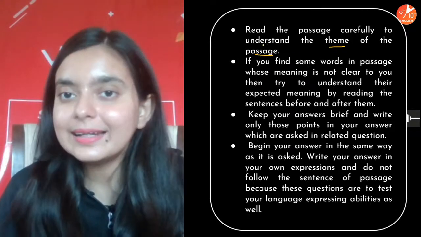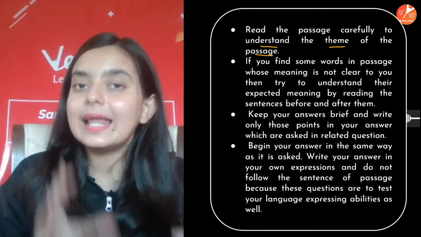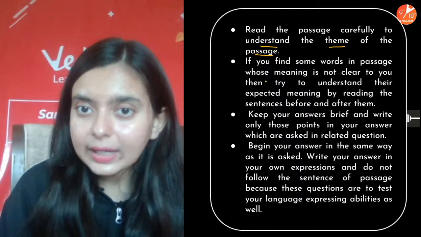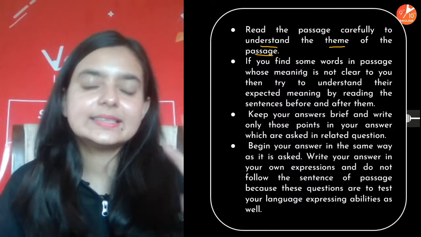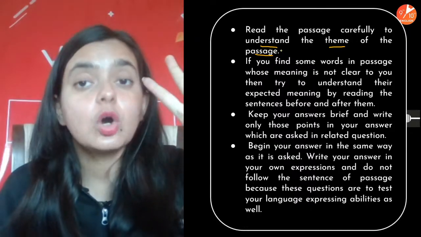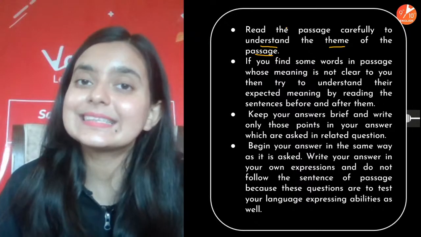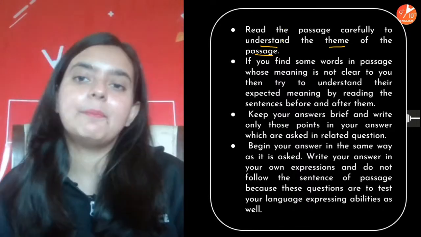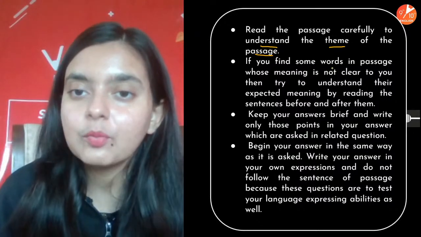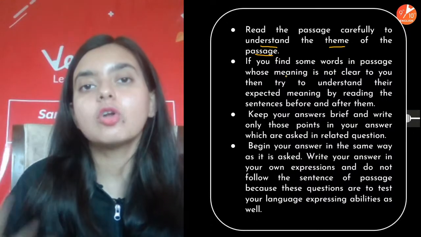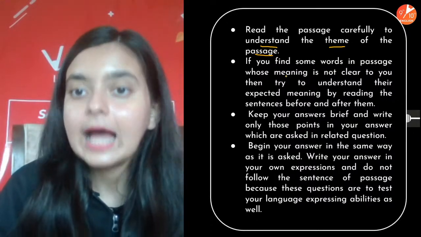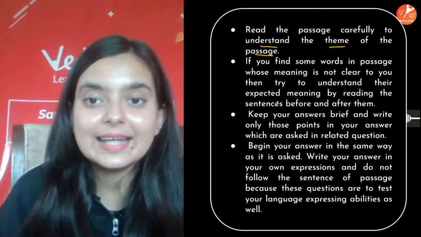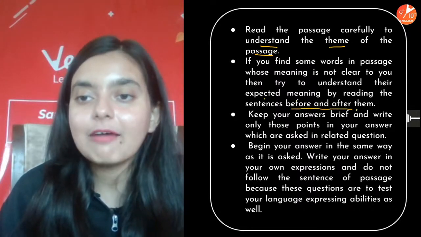If you do not understand what the author is trying to tell you, you will not be able to frame your answers. Now next, reading comprehension is going to test you on two very important parts. One is the understanding, that is the comprehension part. The second is the vocabulary. So if you find some words in the passage which you are not very familiar with, try to understand their expected meaning by reading the sentences before and after them.